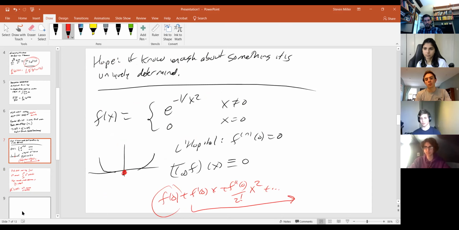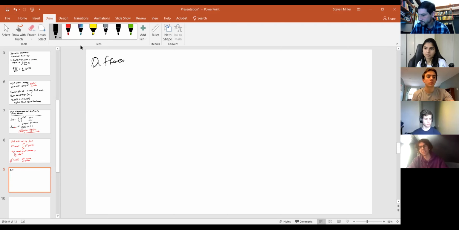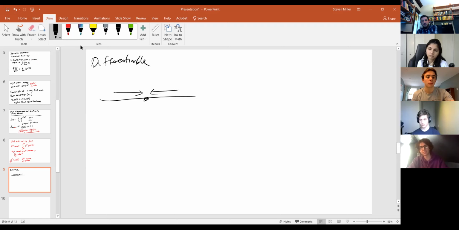In one variable calculus, how impressive is it to be differentiable? Well, in one variable calculus, to be differentiable means the limit exists essentially as I approach from the left or the right. It's really not that big of a deal to be differentiable.